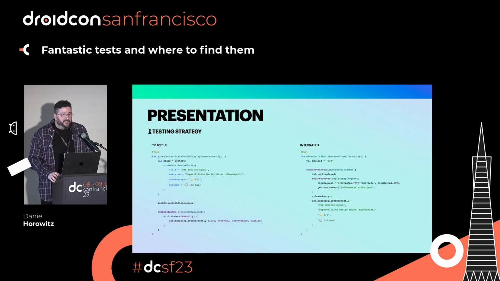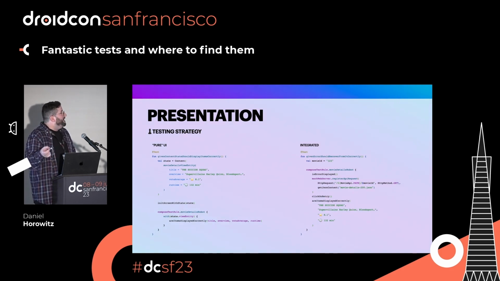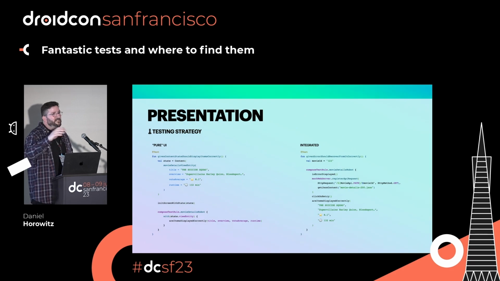So what does this mean in terms of testing? On the left here, I hope you all can see, I'll go through it if you cannot. Here we are instantiating a state, and then we initialize the screen with that state. I purposely didn't put here what it's doing, because I want you to think that this could be a composable function, it could be a custom view, whatever, but you just get the state.